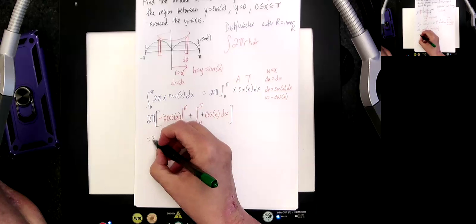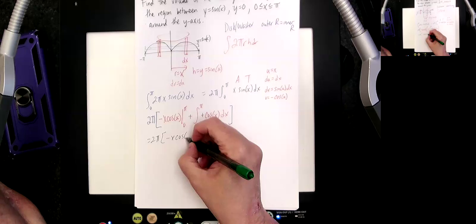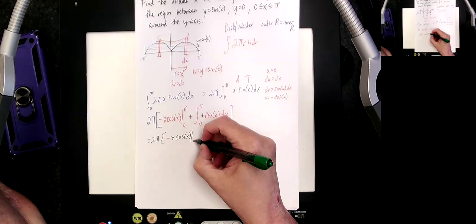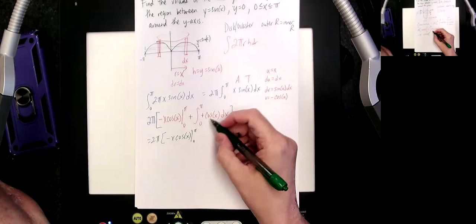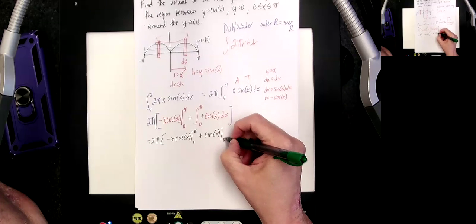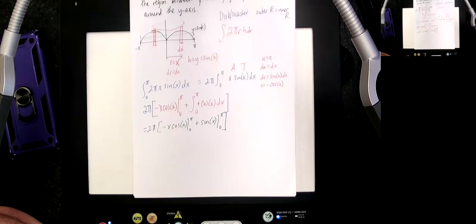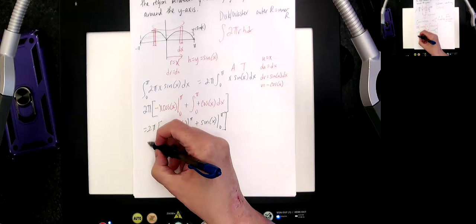So that becomes a plus. And we have 2 pi times negative x cosine x from 0 to pi, and we integrate cosine, we get sine. And a lot of these are 0.